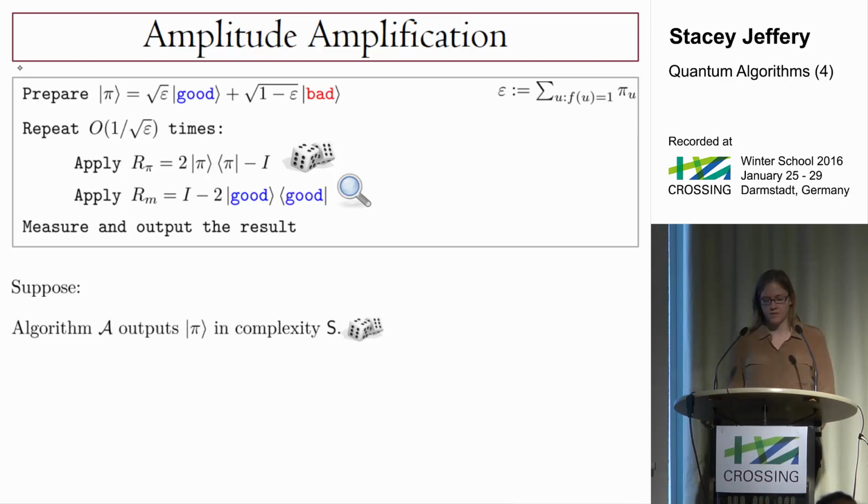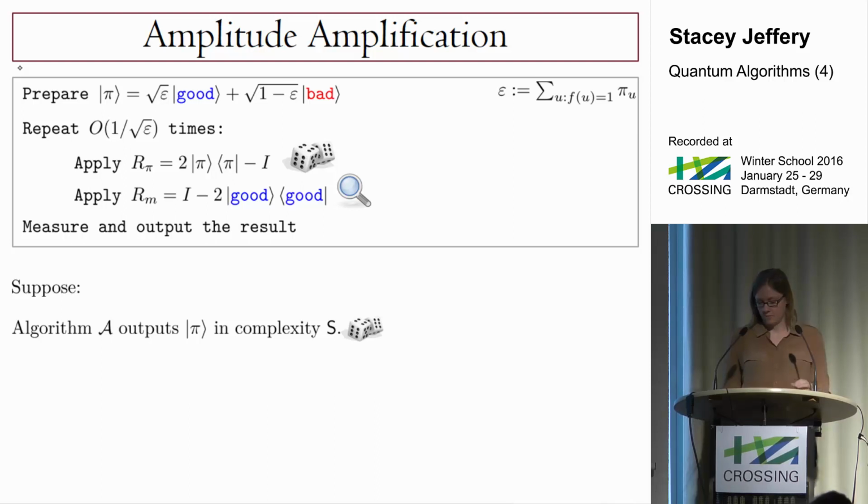So again, suppose that we have some algorithm, this could be a classical algorithm, or it could be a quantum algorithm. Well, I guess the way I've written it, it's a quantum algorithm. It outputs some state pi. But if we have a classical algorithm that is correct with probability epsilon, we could use that algorithm generally to prepare the state pi.